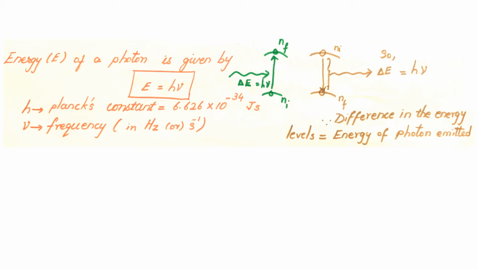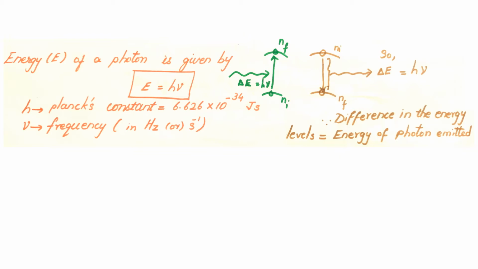Now, if you take the case of an emission, look at the next picture. You can see an electron moving from higher energy level to lower energy level, and when it does this transition, it loses some of its energy in the form of radiation, and obviously radiation is considered to have streams of particles called photons.